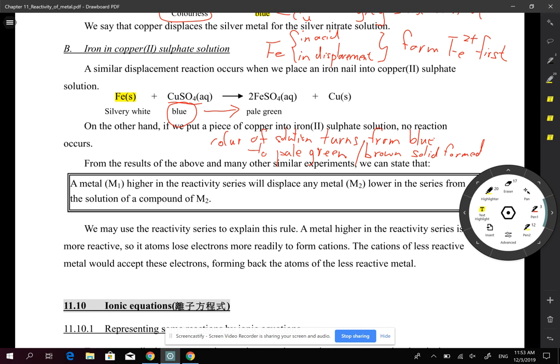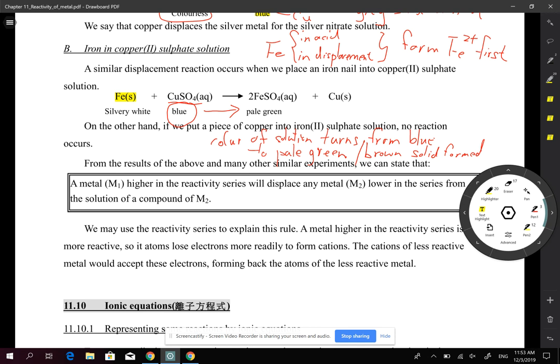Because the reactive metals react with water faster, they will undergo the reaction with water instead of displacement. Okay? So usually in displacement reactions, we will not use potassium, sodium, and even calcium.